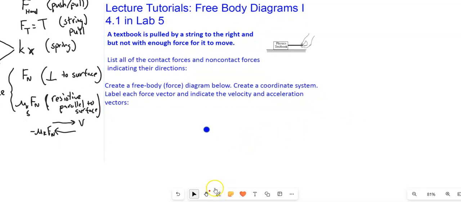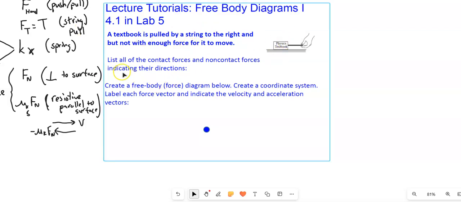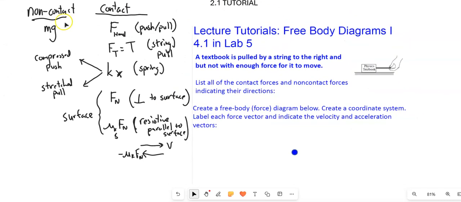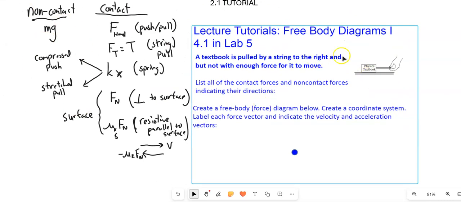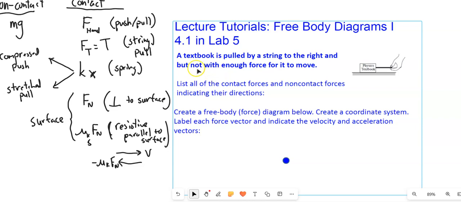We're going to look at the description and at the picture, and describe everything that is physically touching the object as well as the non-contact force mg. So we're going to list off everything that is touching this object, and we're doing a free body diagram for the physics textbook, okay?